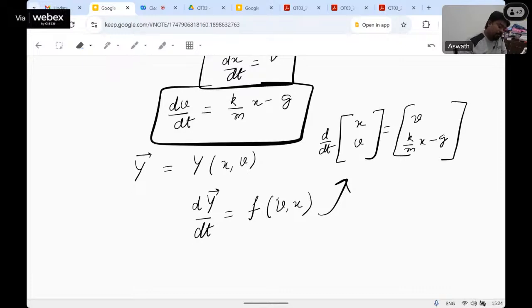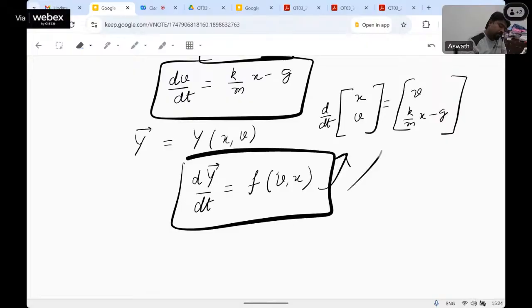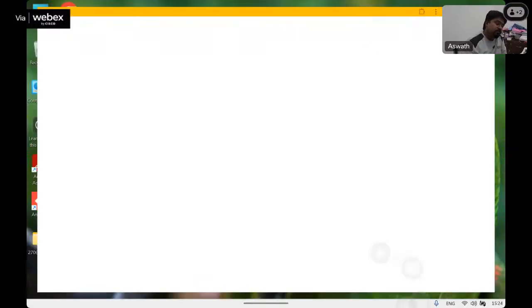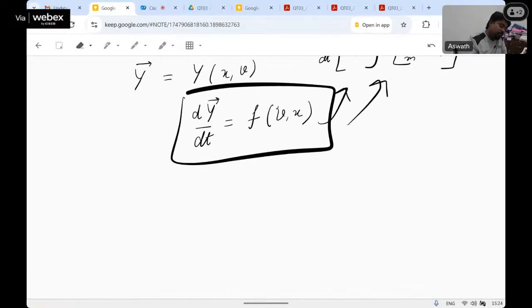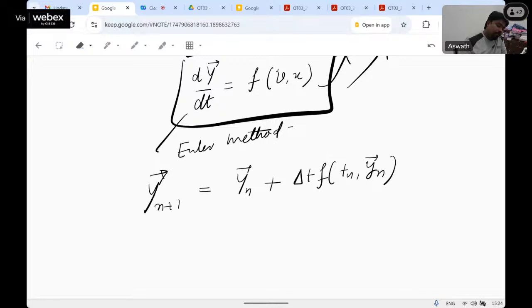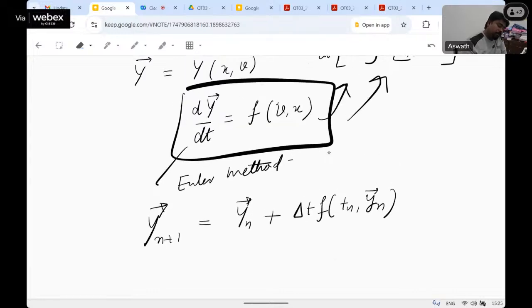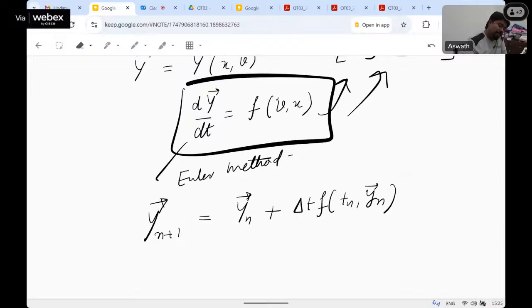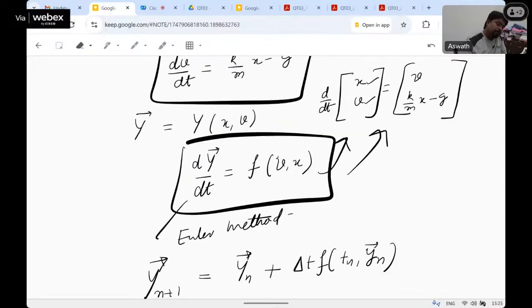This is what I have. By the way, it's now a first order differential equation, so I can solve it using the Euler method: y n plus 1 is equal to y n plus delta t f at t n comma y n, where y is a vector having two variables, one is x and another is v.